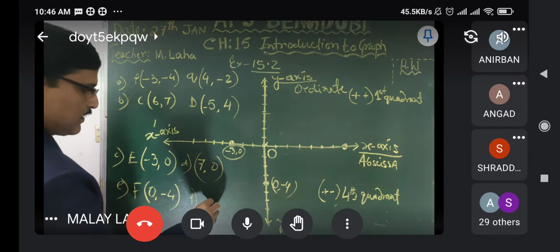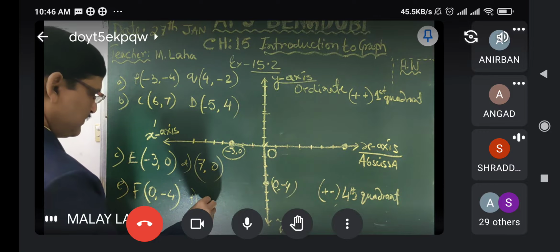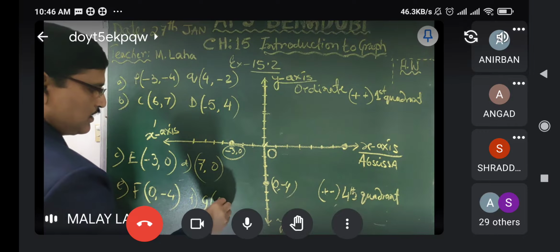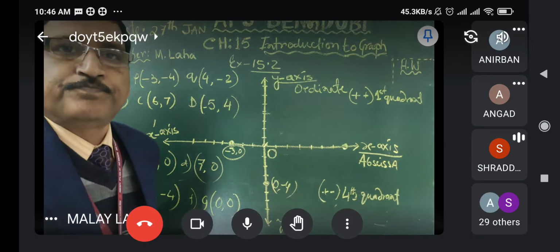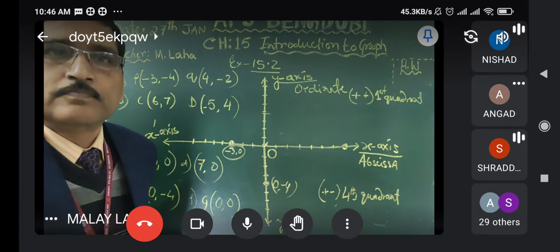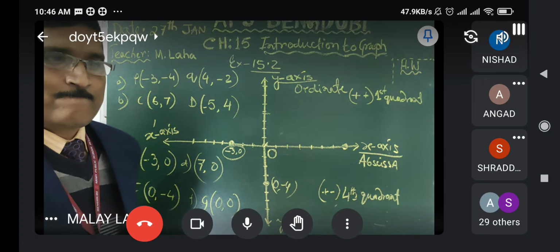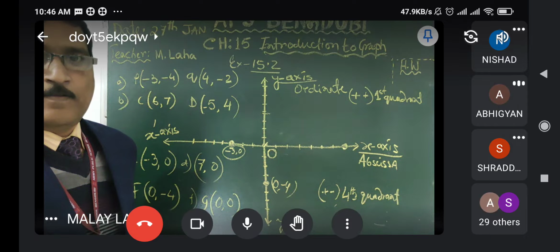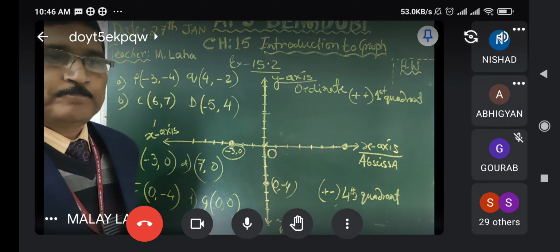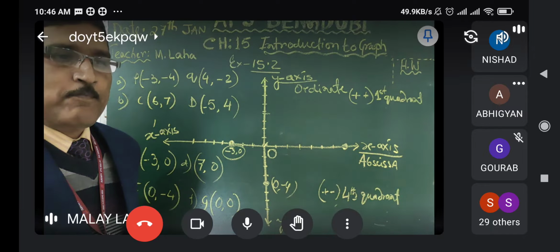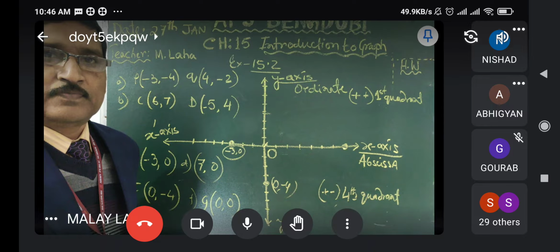Now another question. Suppose point G is located at 0, 0. Tell me where it is located. Sir, it will not be located on any axis. Sir, origin. Who said origin? Sir, I said origin. Your name?